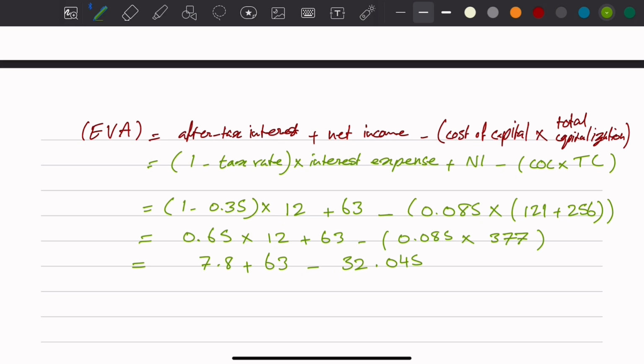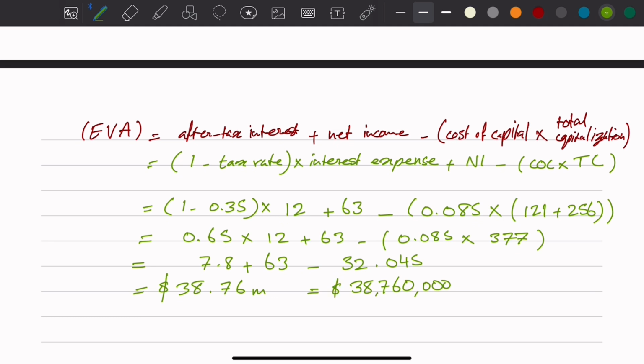Now I'll calculate everything together. 7.8 plus 63 minus 32.045 gives me 38.76 if we round it up, because I have 755 on my calculator. That is in millions, which equals 38,760,000.